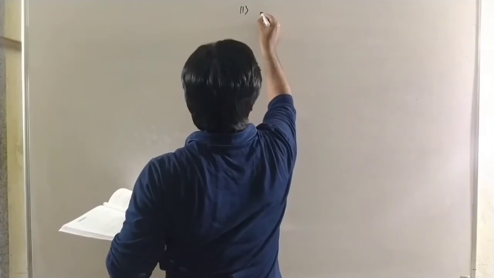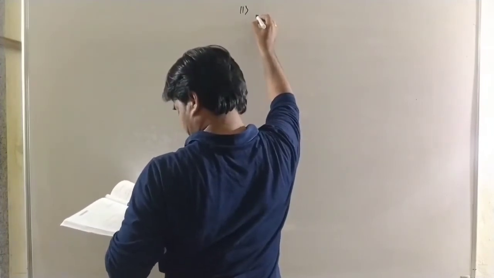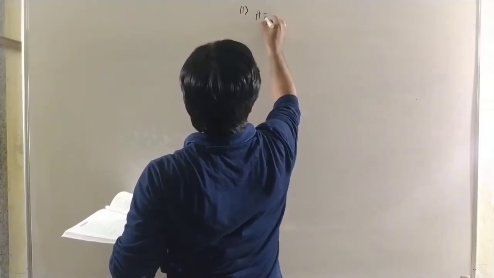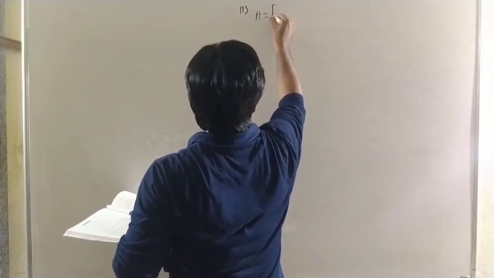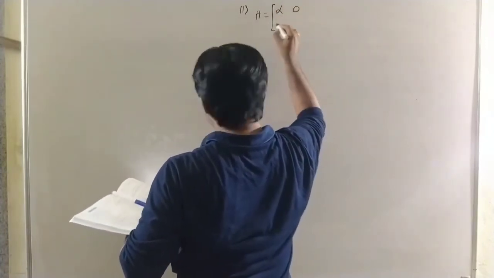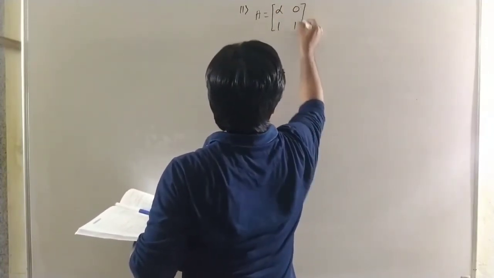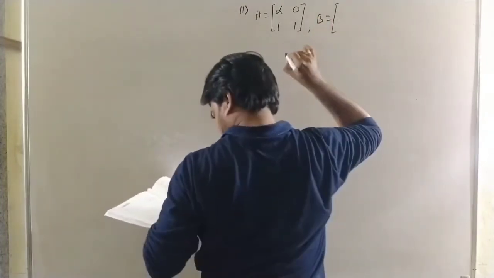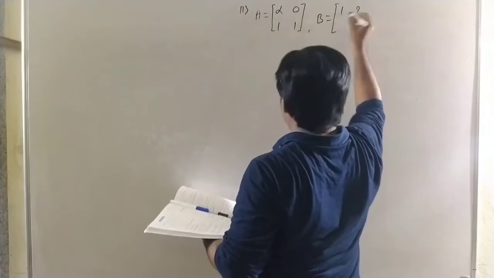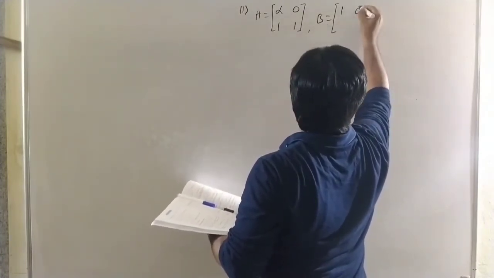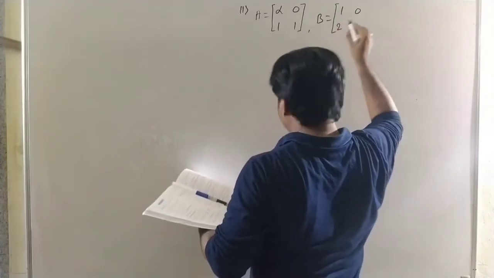Example number 11. Here it is given the matrix A is equal to [alpha 0; 1 1] and B is equal to [1 0; 2 1].